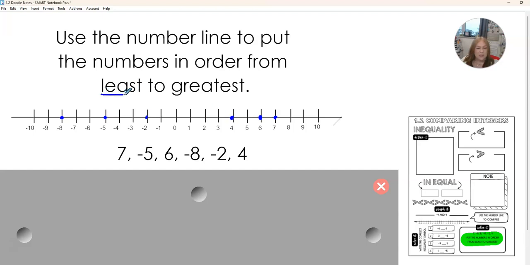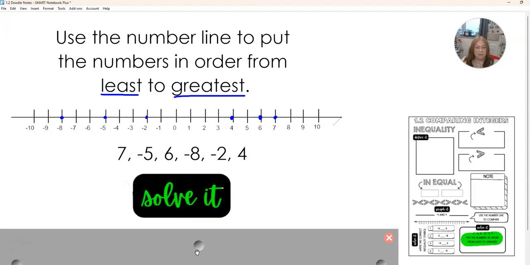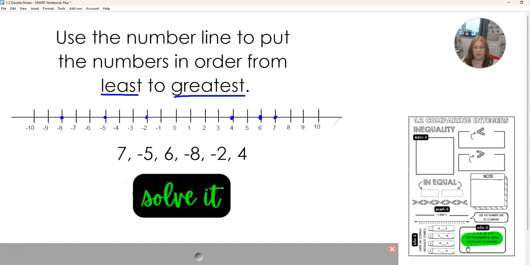So it wants us to start at the smallest down here and go all the way to the greatest, and we're going to put those in order here. So go ahead and start at the smallest one and work your way over till you get to that greatest number. So put those from least to greatest to finish up your notes.